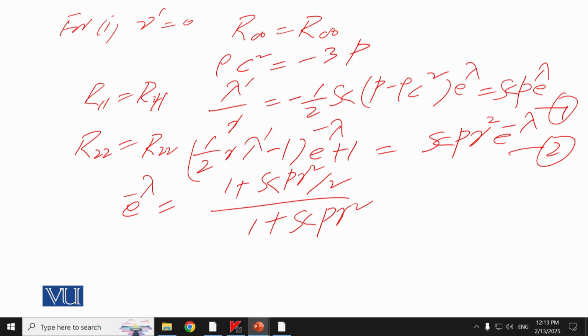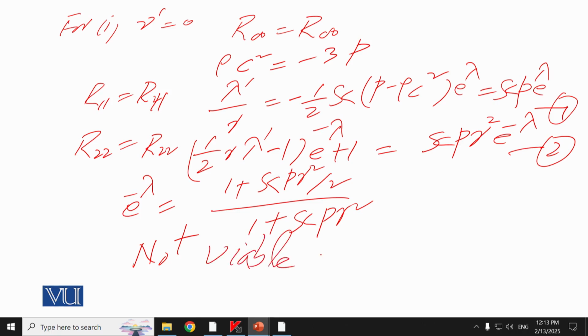However, when we insert this solution into equation number 1, it doesn't satisfy. This means that this solution is not viable, or it is not a solution of these equations. So, we leave this solution.